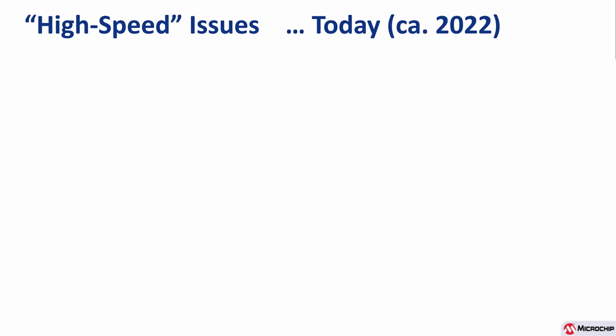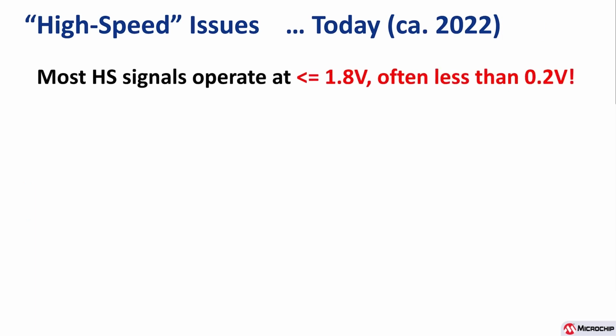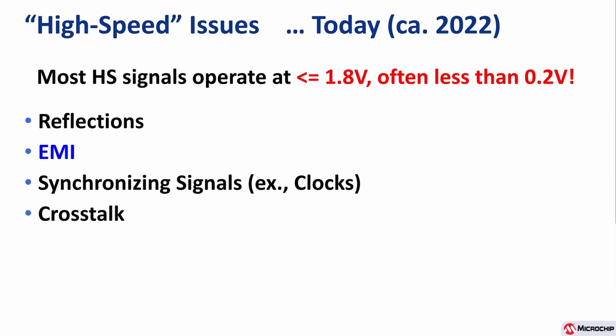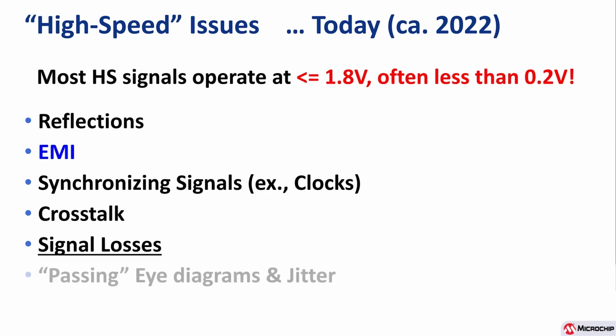Well, today, most of those signals operate at less than 1.8 volts, often less than 0.2 volts, which means they're a lot more sensitive to corruption. We have to deal with reflections. We have to deal with EMI, same as before, and a little bit differently. We still have to synchronize our signals. We still have crosstalk. Now we have to deal with signal losses and, of course, external compliance stuff, passing eye diagrams, passing jitter specs, etc.